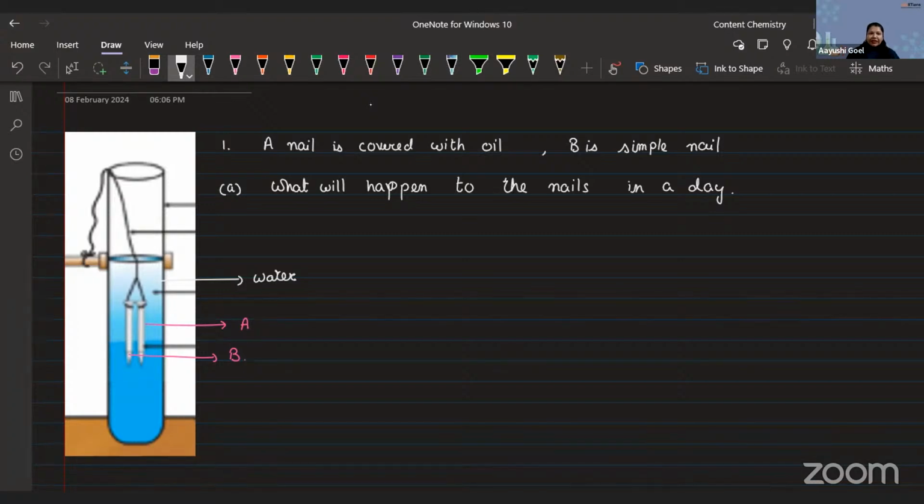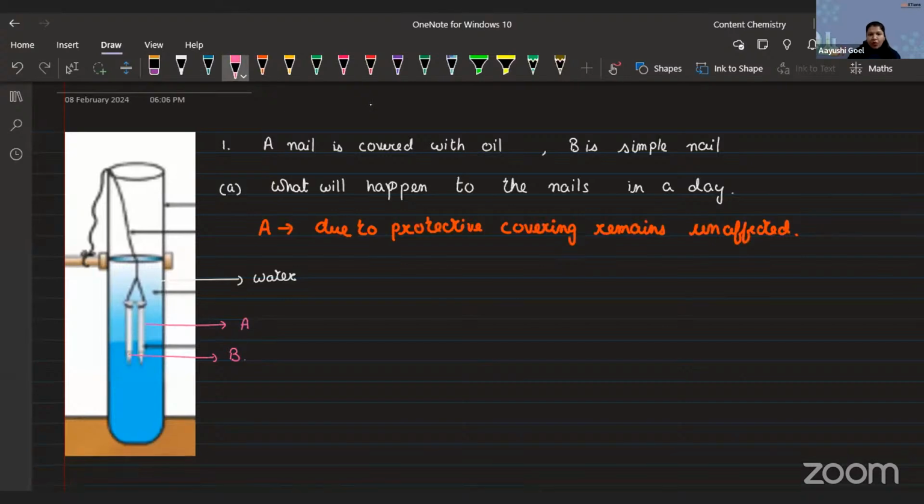Okay. In this case, if you see, A is covered with oil, so there is a protective layer which we have created. So in that case, A will remain as it is. A, due to the protective covering, remains unaffected.